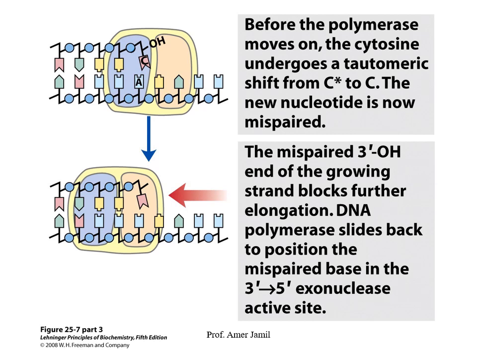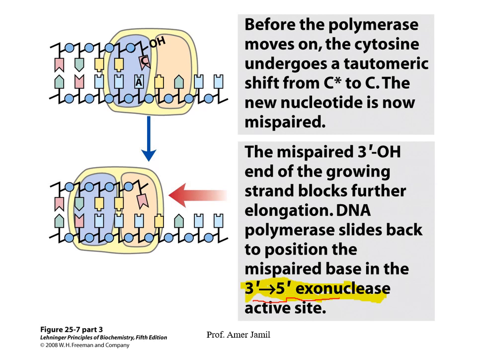Otherwise, as I mentioned earlier, there may be some mutation. So in this case, there is a 3' to 5' exonuclease activity that takes place. This 3' to 5' exonuclease activity basically functions for this proofreading activity.